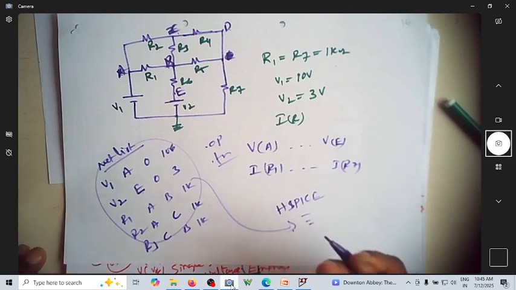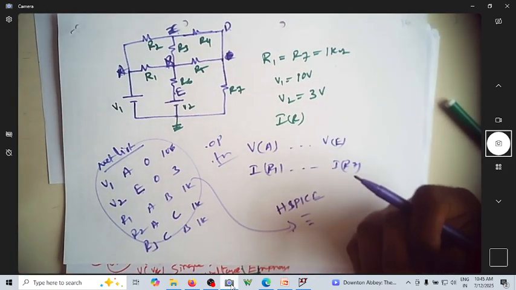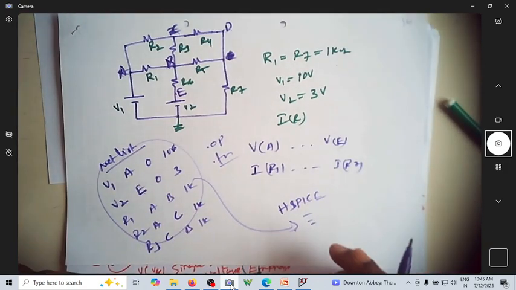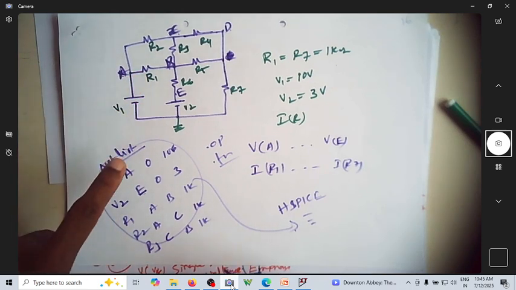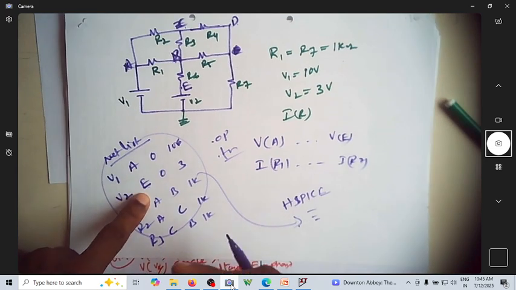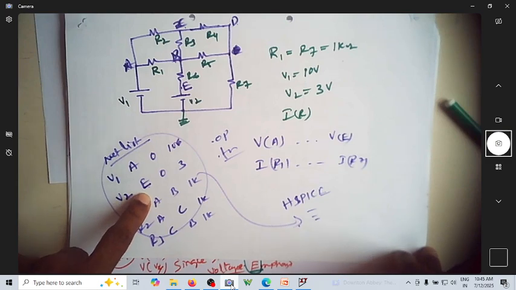That is there in higher-level SPICE tools. This LTspice is a graphic interface where you draw the circuit, and that graphic interface will create a netlist for you, and the simulator will do the analysis.